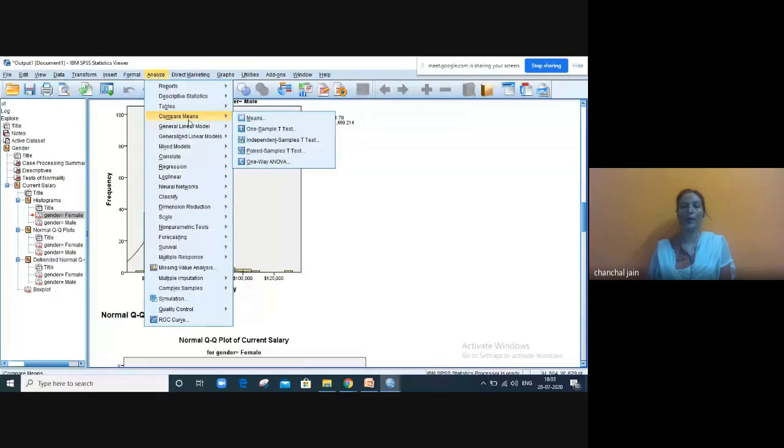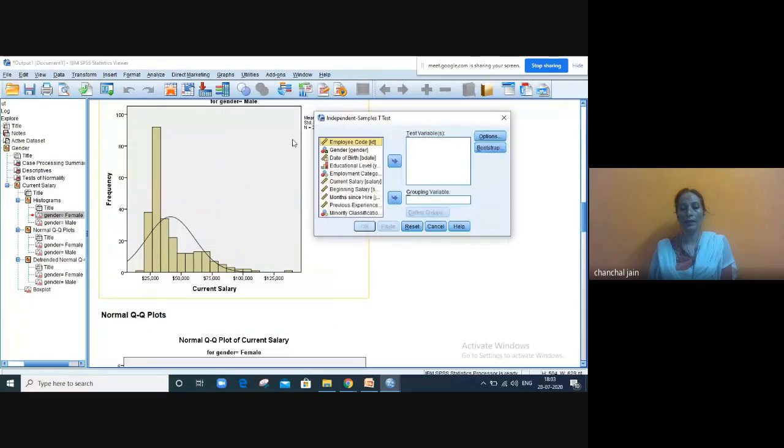Again, I'm repeating: go to the Analyze menu, select Compare Means, and when you keep the mouse on this Compare Means, you would be able to see the options available, and here you can see Independent-Samples T Test is written. So just click on Independent-Samples T Test.